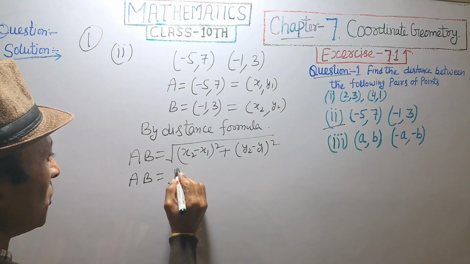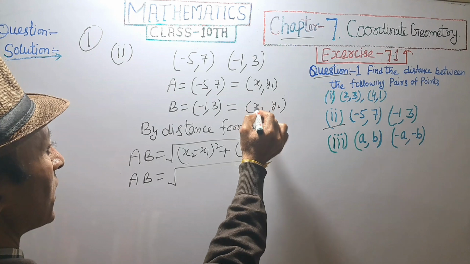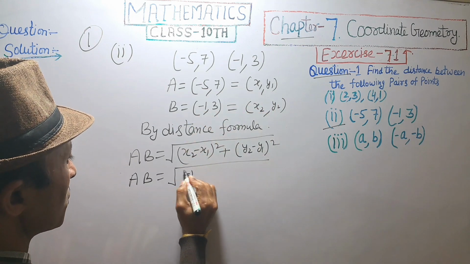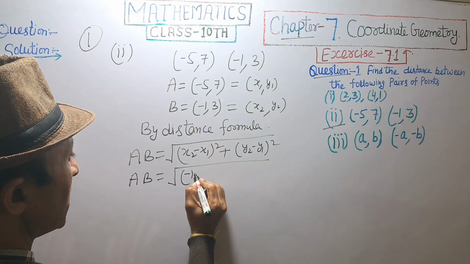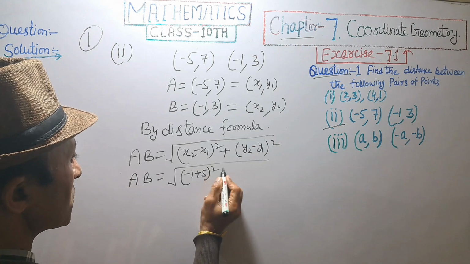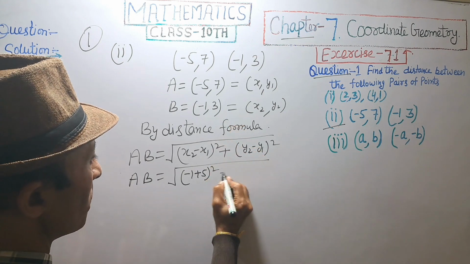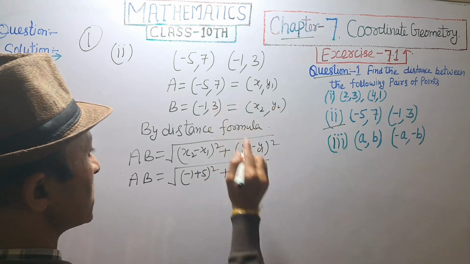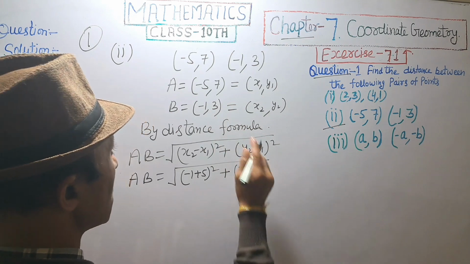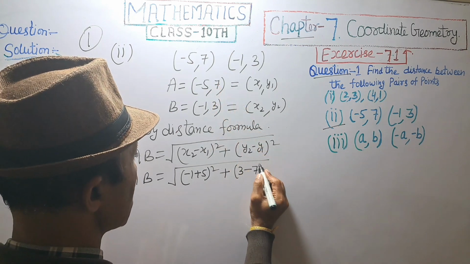Here x2 is minus 1, minus minus becomes plus 5, square, plus y2 is 3 minus y1 is 7, square.